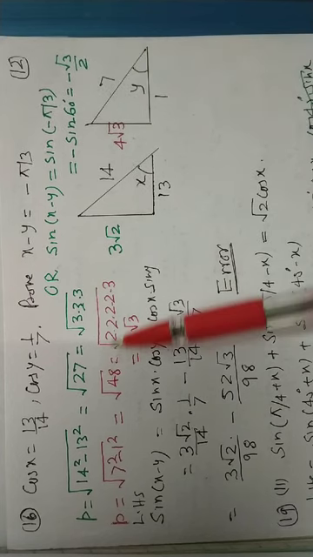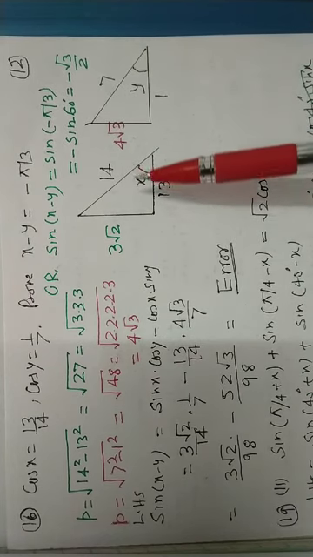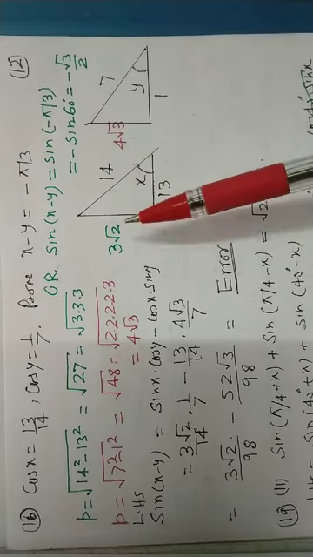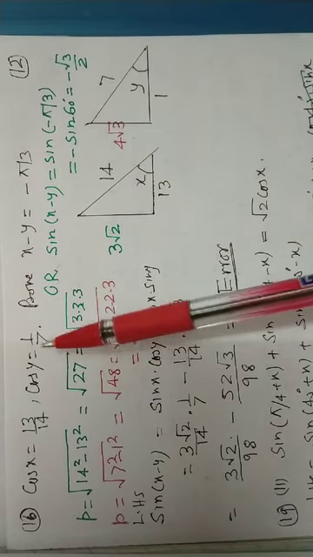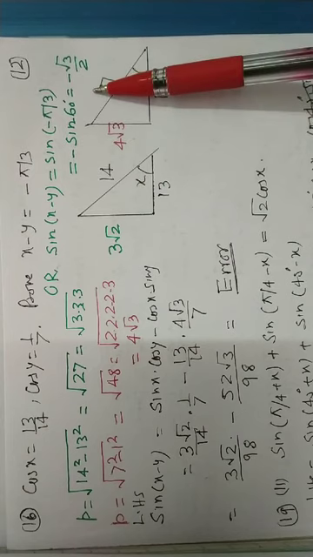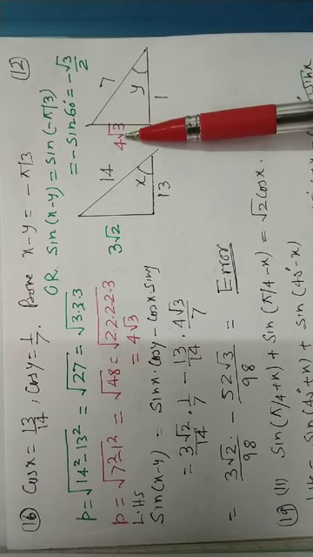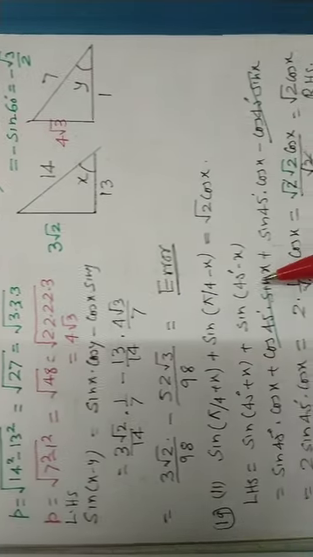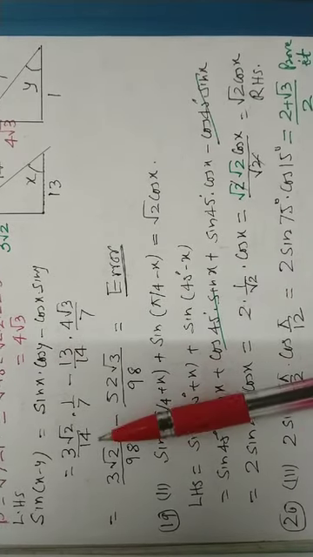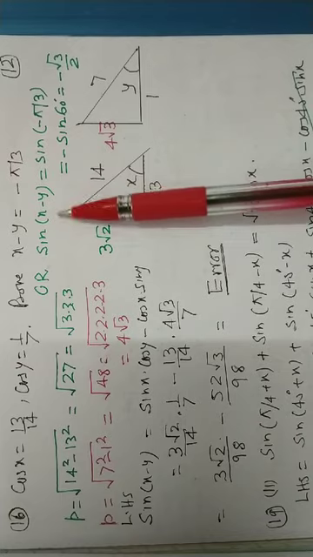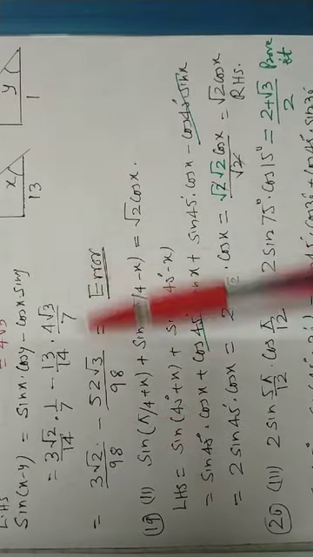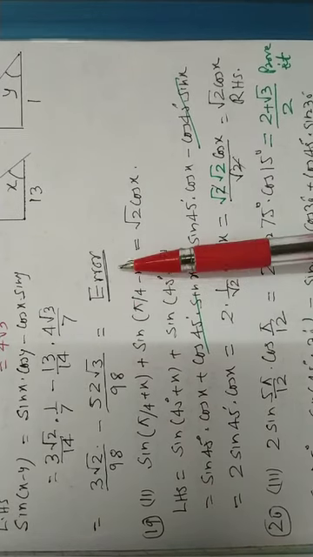Now cos x is 13 by 14, find the value of perpendicular. Likewise cos y is 1 by 7, find the value of this. You know how to find it by Pythagoras theorem. After that continue with sin x minus y. This is the requirement. Sin x minus y, putting the value, we are getting an error.